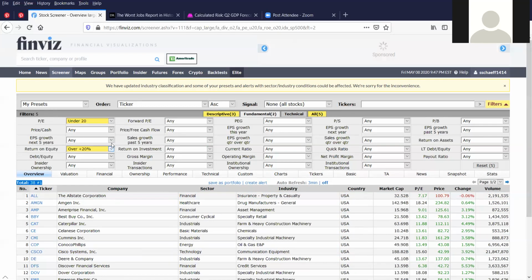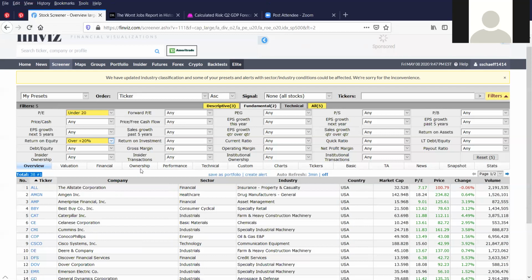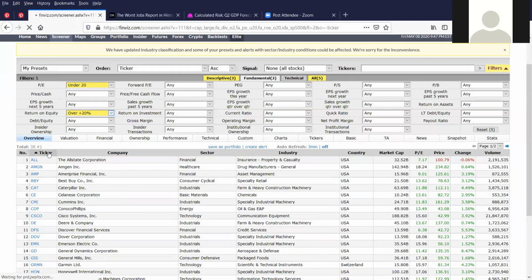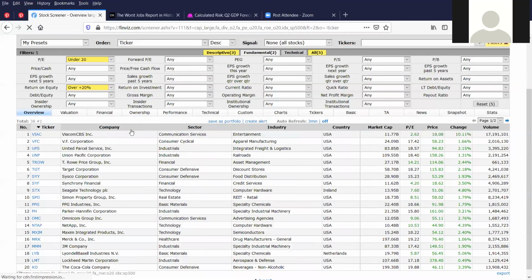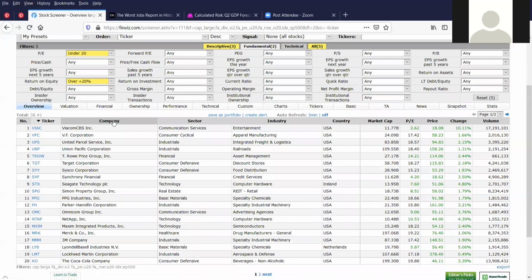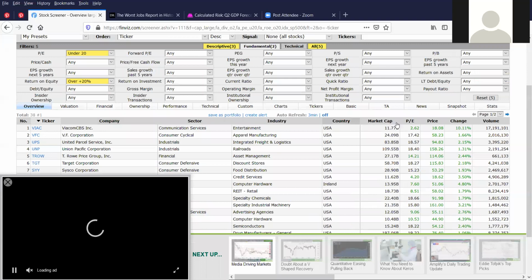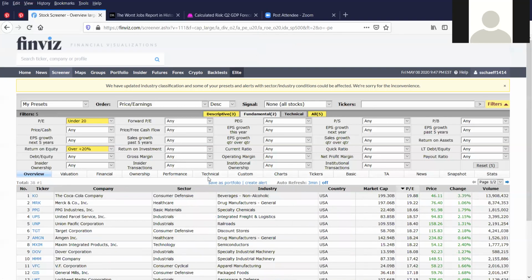So we have the chart in front of us, and you can sort by ticker. And any of these column headings you can sort by. You can sort by company, sector, industry, country, market cap, PE, price change, or volume. Let's sort it by PE ratio, and yes, the pop-up appeared. So now it's from high to low, from 20 to 0.